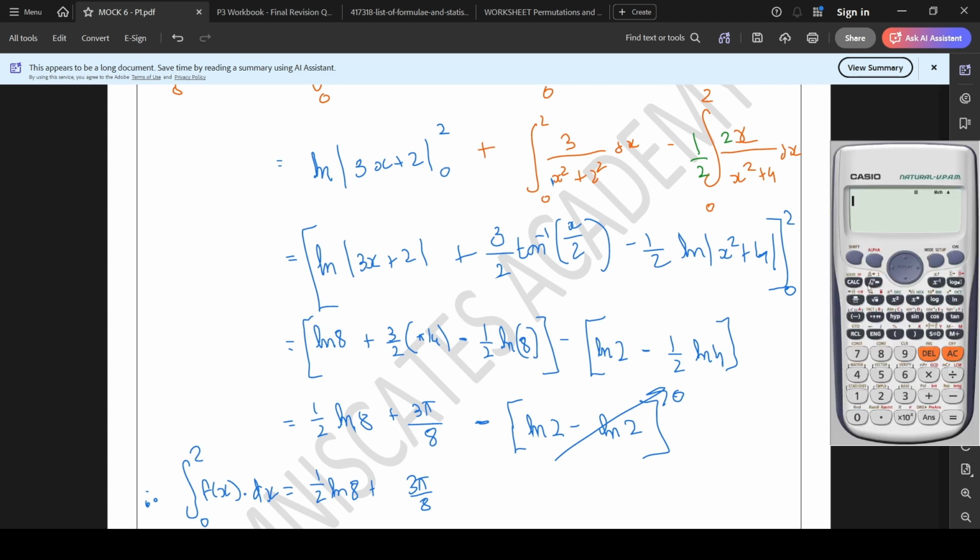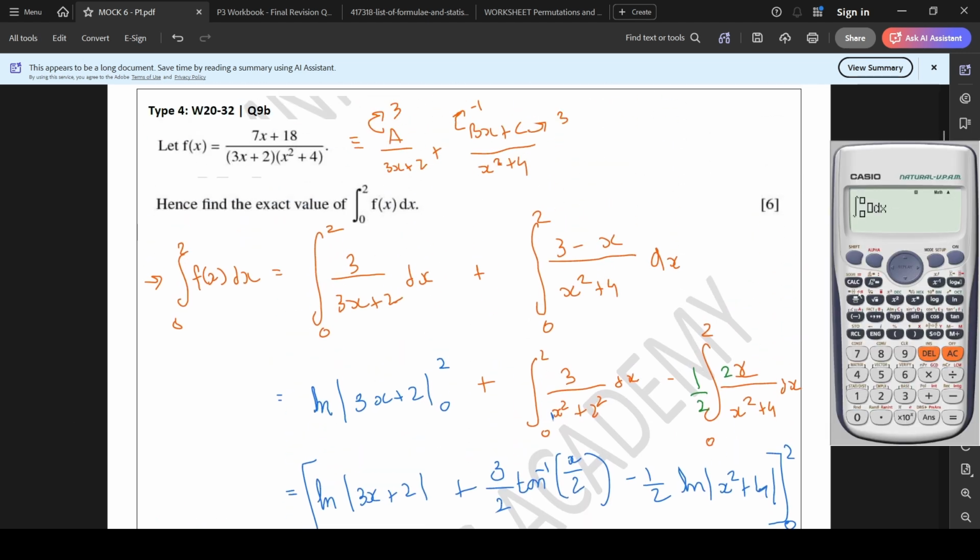Let us use our CAIE calculator to cross check this. We had 7x plus 18 divided by (3x plus 2) times (x squared plus 4), and the limits 0 to 2.